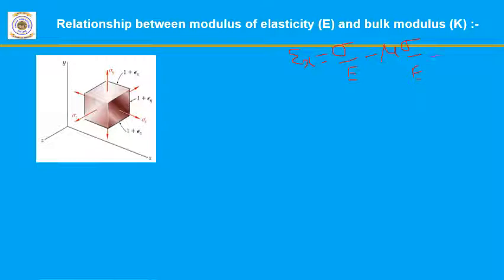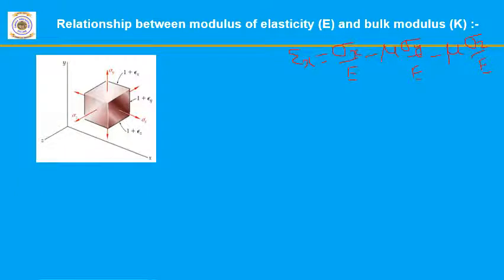There is a compression, therefore minus lateral strain mu into sigma by E. So this is sigma x, sigma y, and this is sigma z.